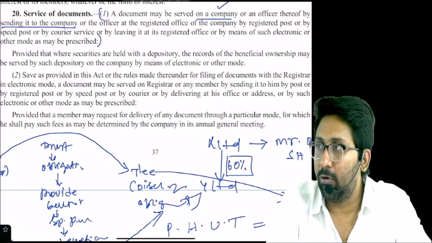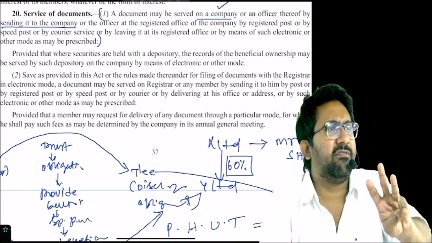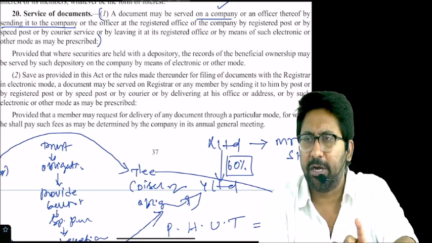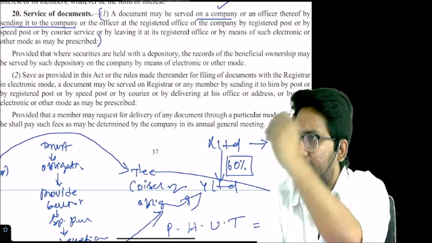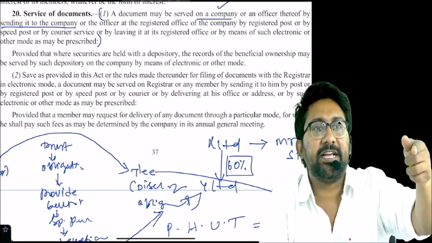Okay, now tell me. Where to post? Hand delivery, registered post, speed post, courier, electronic means, understood. Modes are easy. Where? Place.